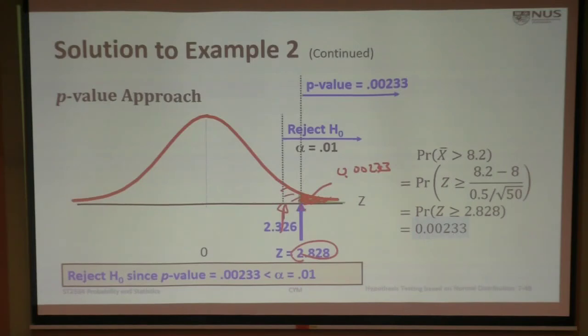So what happens if I change alpha? At the beginning, instead of using 1%, I use 2.5%. Okay, I set my level of significance, maybe not 2.5%, but 5%, let's say. Then if you use the critical value approach, you have to look for the critical value and define your rejection region.